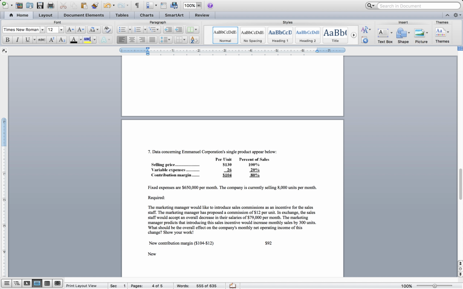Next thing, what is your new unit monthly sales? We remember it was 8,000 units. But don't forget, I said I'm going to increase it by an extra 300. So you want to add 300 units. So we see that'll be 8,300.